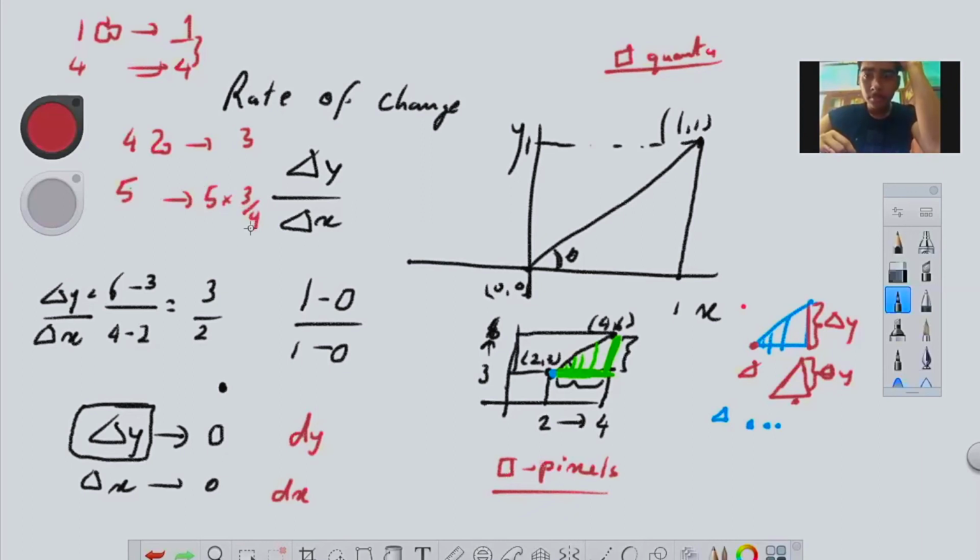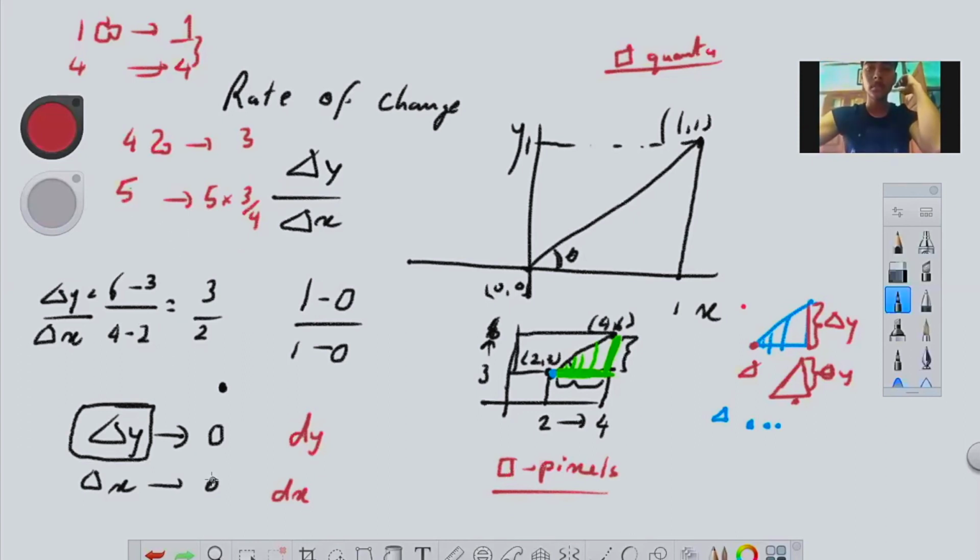If 4 apples are eaten by 3 men, how many men will eat 5 apples? It will be 5 into 3 by 4. Yes, fine, good. No confusion. So this is going to be your answer. This is a unitary method kind of thing.